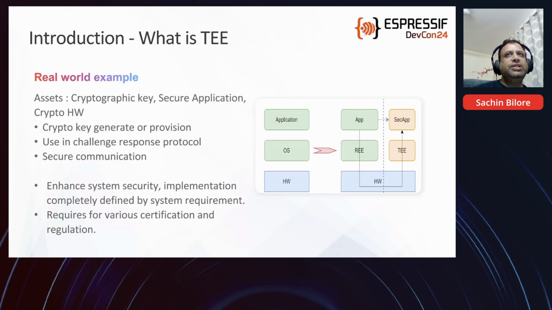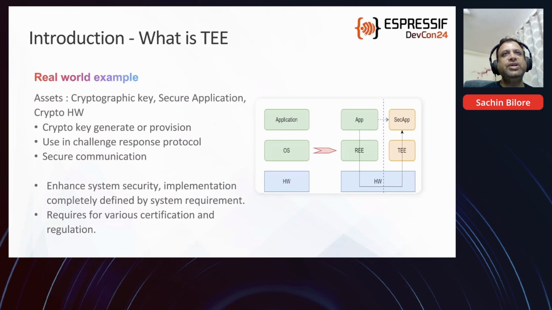Now, this device is hosting and protecting cryptographic key securely from the rest of the system. It gives us many use cases. Some of the use cases we have listed here. For example, challenge response protocol, which is actually the basis of many other security features.